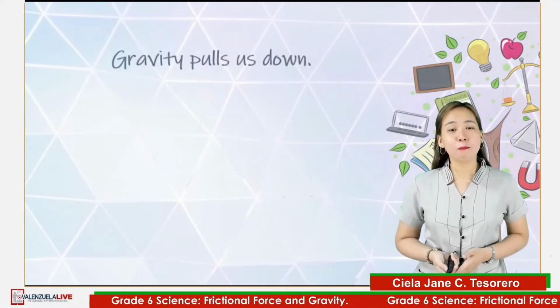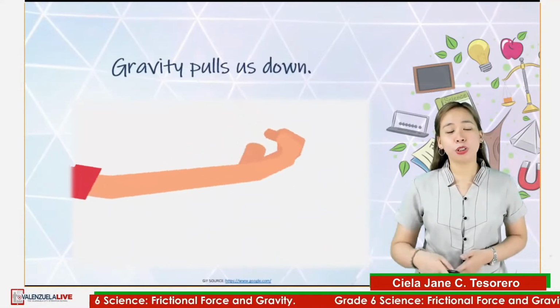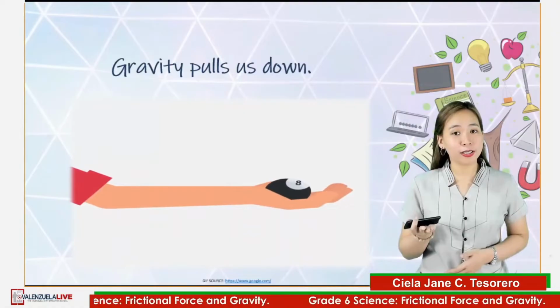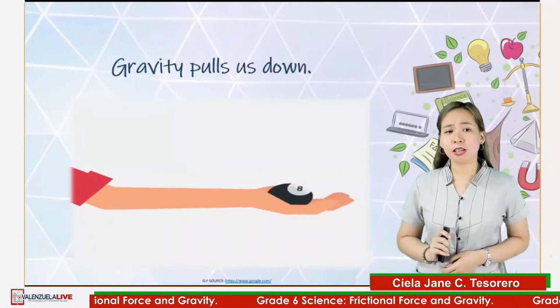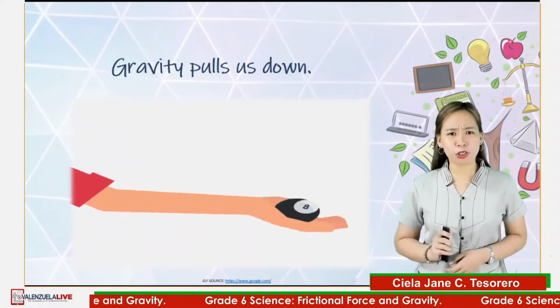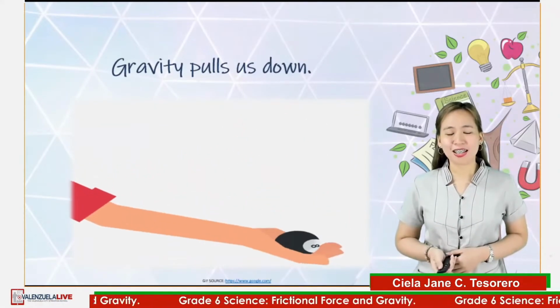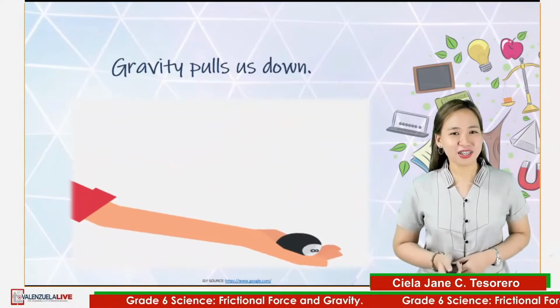Gravity pulls us down. This is the reason why when we throw an object upward, it will fall. The only question here is, which object will fall faster and which object will fall slower? To answer this question, let us have another activity.